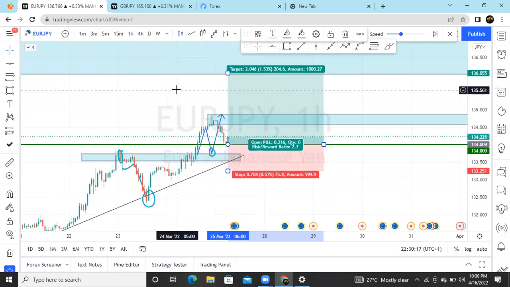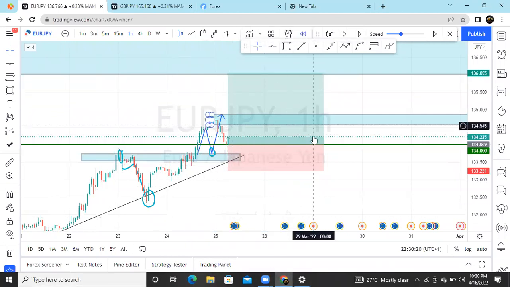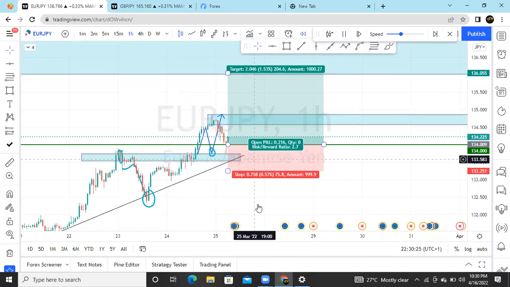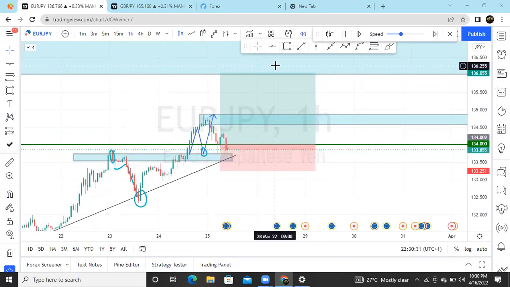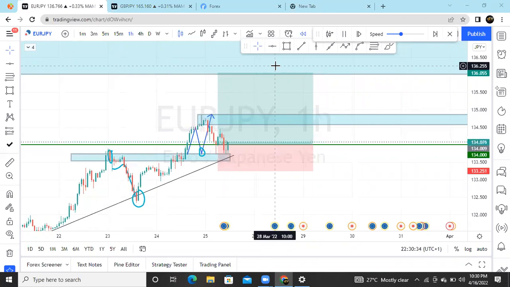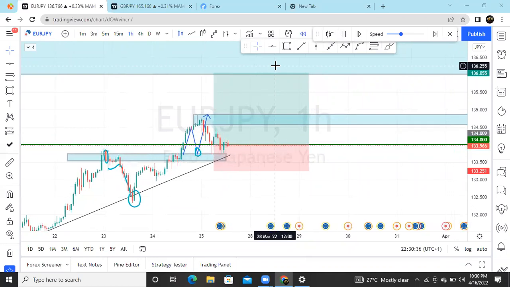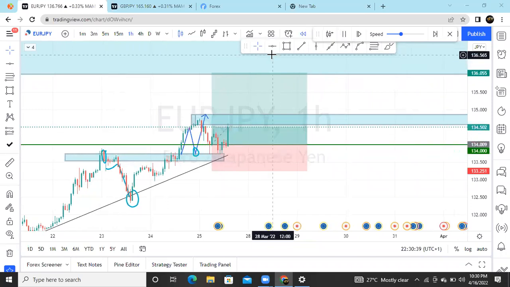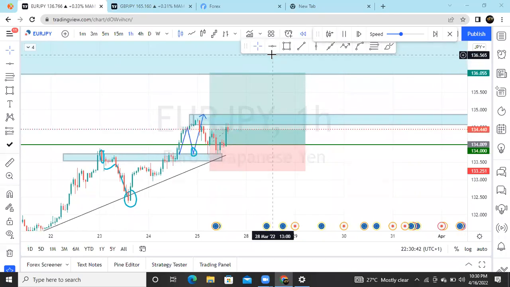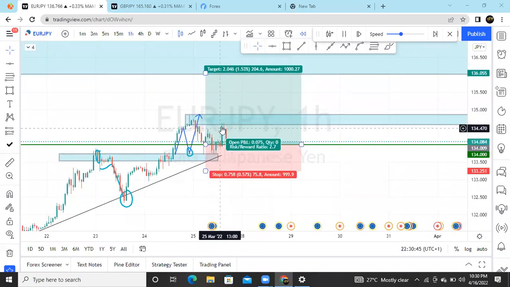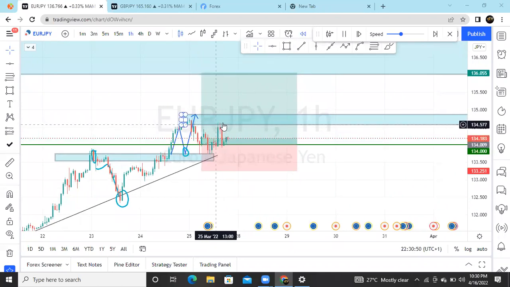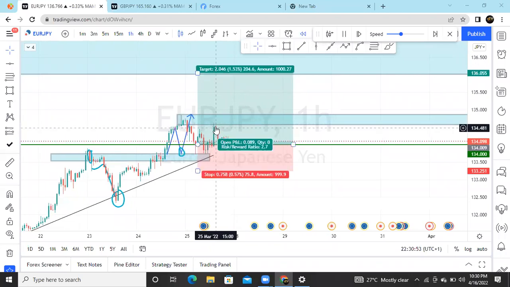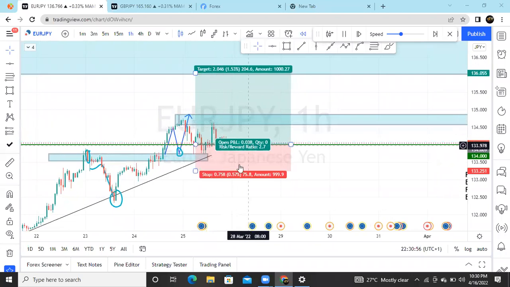Okay, now let us play and see what happens. That gives you your second entry. Can you see that resistance there? At that area, our first trade has closed. We predicted there was going to be resistance at that point.